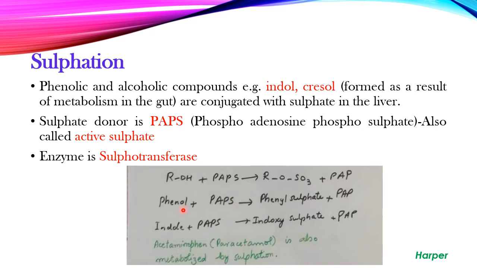Similarly, if you have phenol and indole, and these are sulfated, you get phenyl sulfate from phenol and indoxyl sulfate from indole. So these are water-soluble metabolites that can easily leave the body. In the same way, the drug paracetamol or acetaminophen can also be conjugated in the liver by the same process, which is called sulfation.